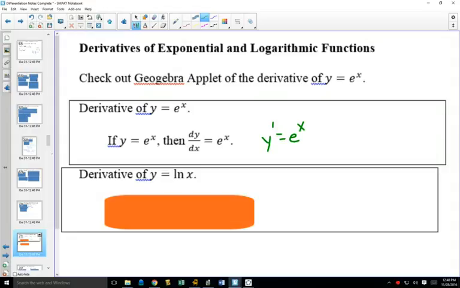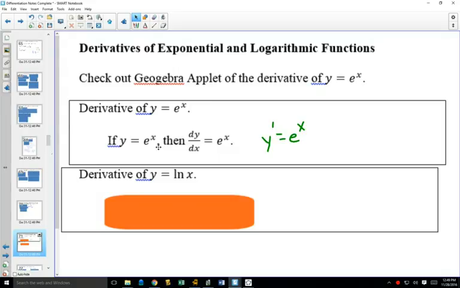So the derivative of e to the x is e to the x. And the fact that it doesn't change makes it easy and makes it confusing at the same time. So we're going to run into some problems later on because we're going to be confused that nothing changed. But yes, it stays the same. So e to the x is a really easy derivative to figure out.